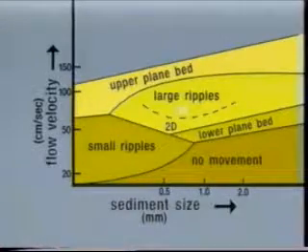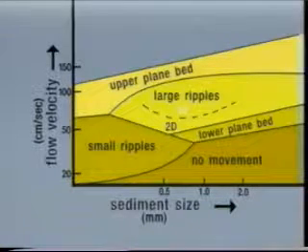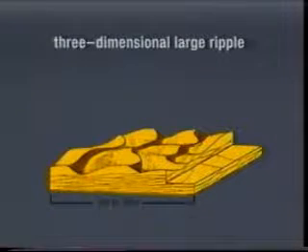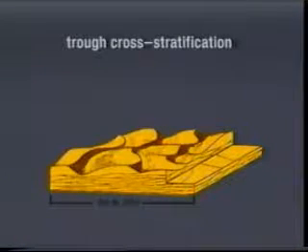With increased current velocity, two-dimensional ripples pass gradationally into three-dimensional forms. Three-dimensional large ripples have uneven crests and troughs and range in height from about 10 centimeters up to a few meters, being smaller on average than two-dimensional ripples. They produce a type of stratification called trough cross-stratification, which may occur in sediment ranging from fine sand to very coarse sand.